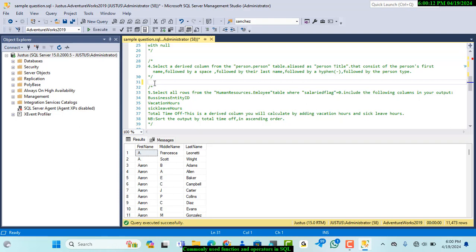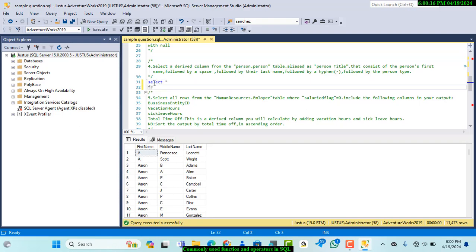So we're going to use select. I'm going to type select all from Person.Person. Okay. So apart from the use of concat, the other thing being tested is the use of aliasing, or how to rename a column.